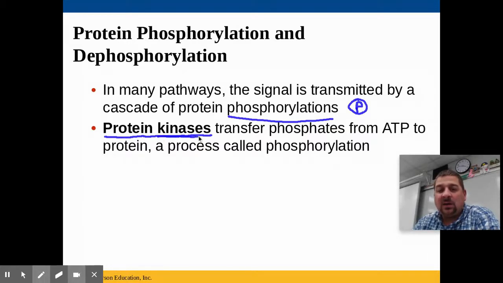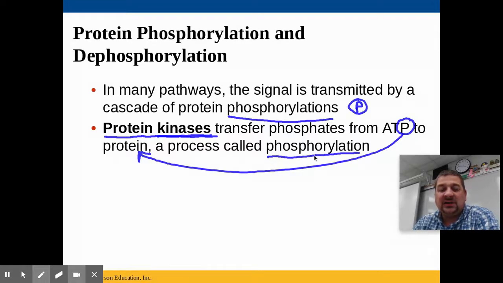Kinases are enzymes that take phosphates off of ATP and attach them to a protein. This process is called phosphorylation. So these kinases are going to phosphorylate: grab the phosphate off an ATP, and then attach it to a protein somewhere else.